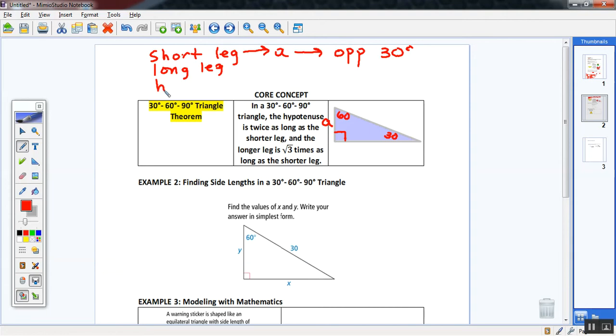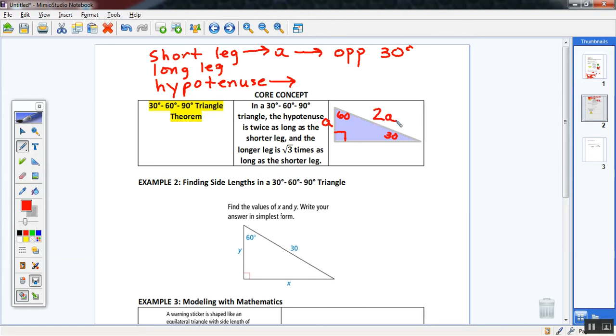Go to the hypotenuse right now. The hypotenuse, remember kids, 30, 60, 90 was half of a what? It's half of a square. Not a square, half of an equilateral triangle. We cut this in half right here. So this side, this short leg, is really half of another side here, isn't it? So if this is 1A, the hypotenuse from that would have been 2A like this.